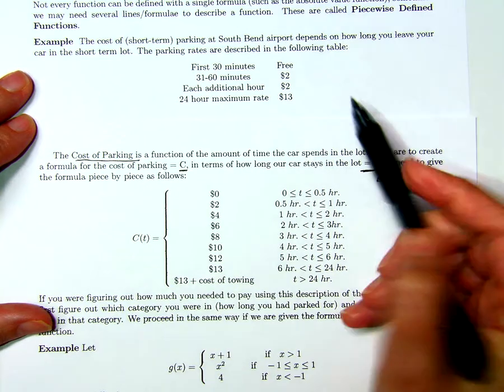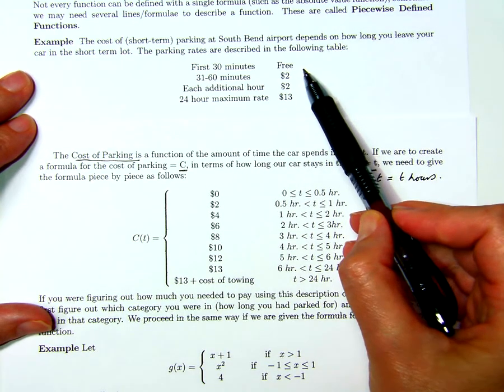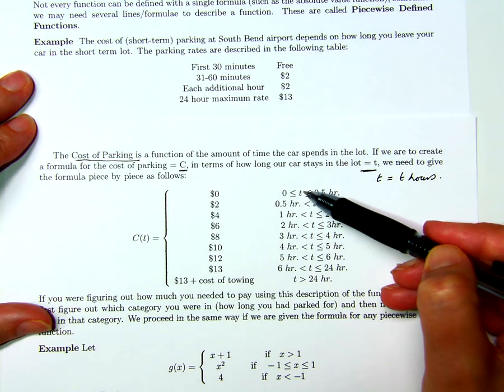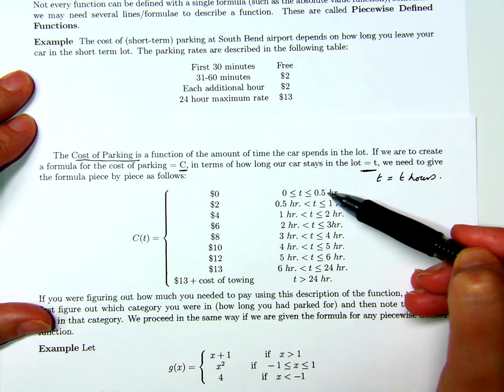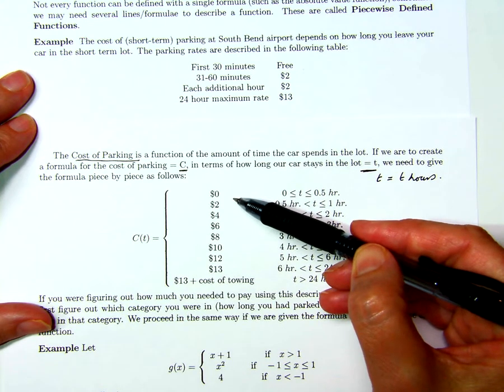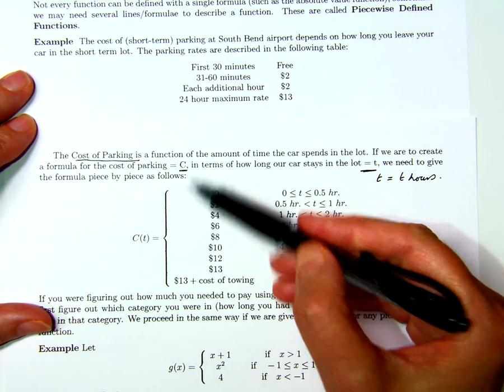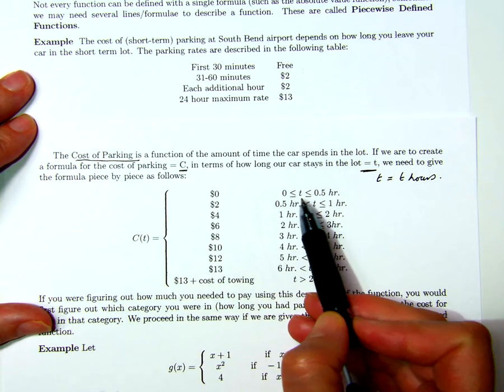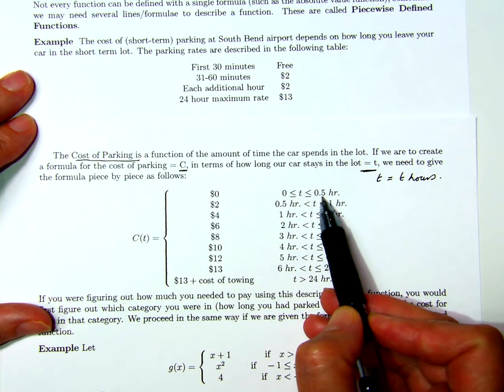And now this first statement says the first 30 minutes are free. That means that for T between 0 and 1/2, I pay nothing. I pay $0. So the cost, C of T, is going to be 0 whenever T is between 0 and 1/2.